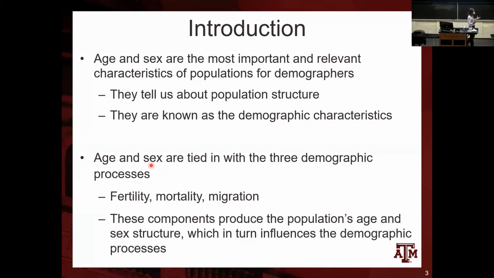But this is just to say that the age and sex structure of a specific population is the result of changes in trends and levels of fertility, mortality, and migration that the population experienced in these last years, right?